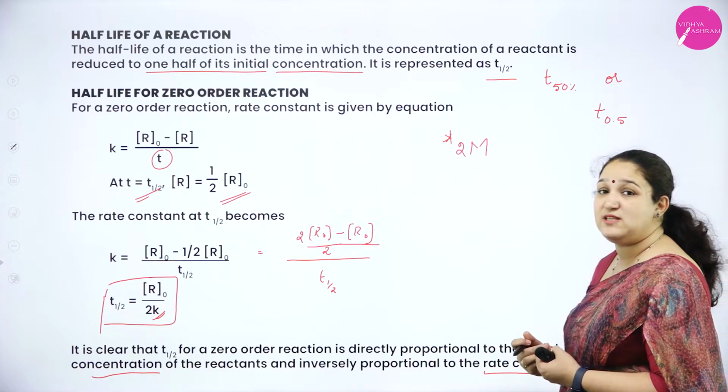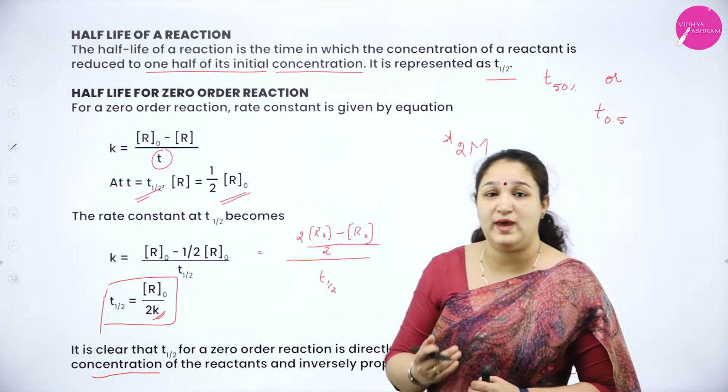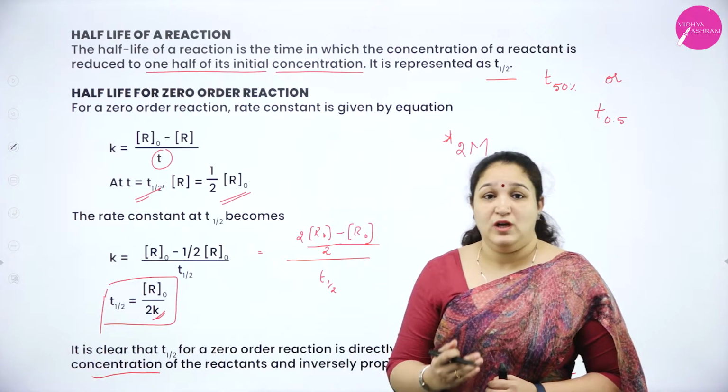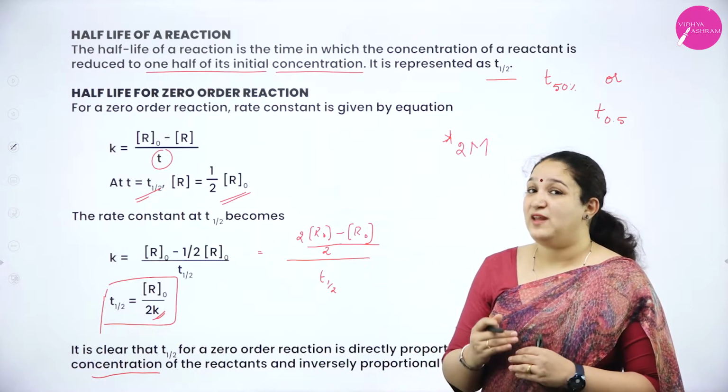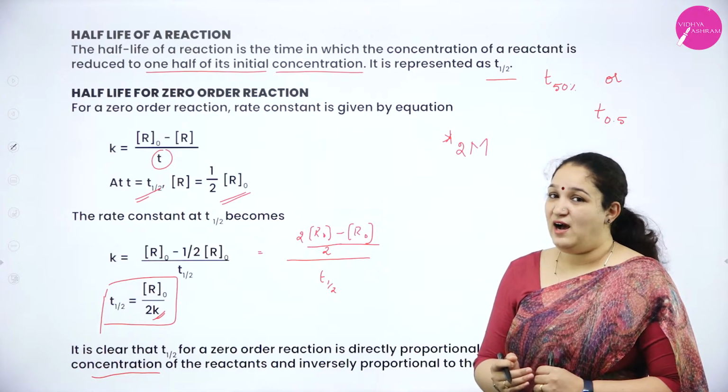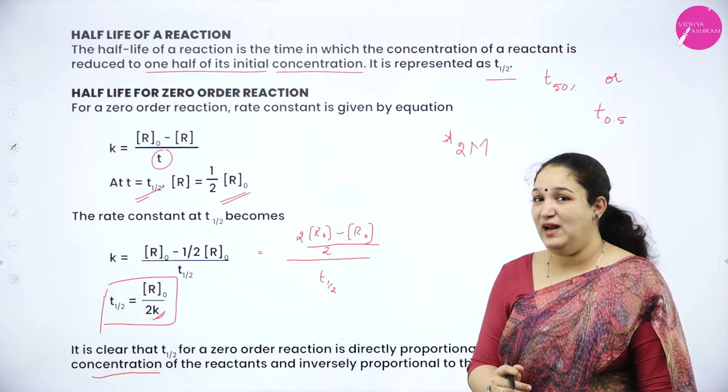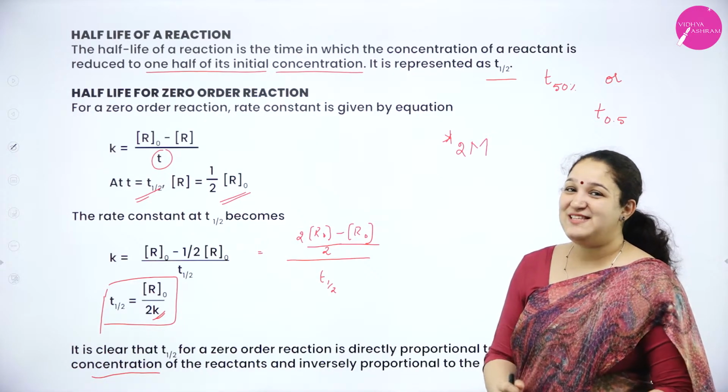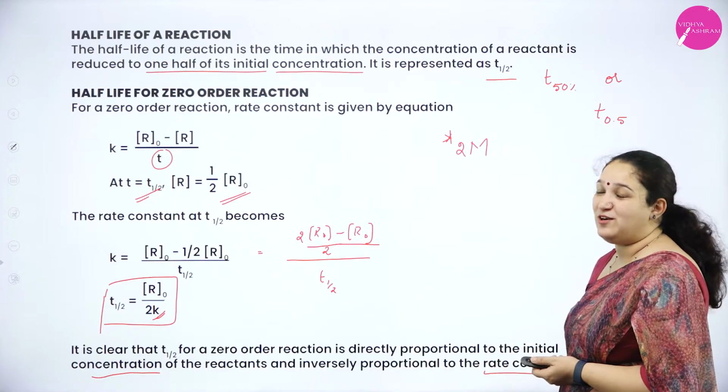So the question itself can be asked this way. I hope you will be able to understand if they just twist the question and ask, and I hope you will answer it. So we'll see the half-life for first order reaction.